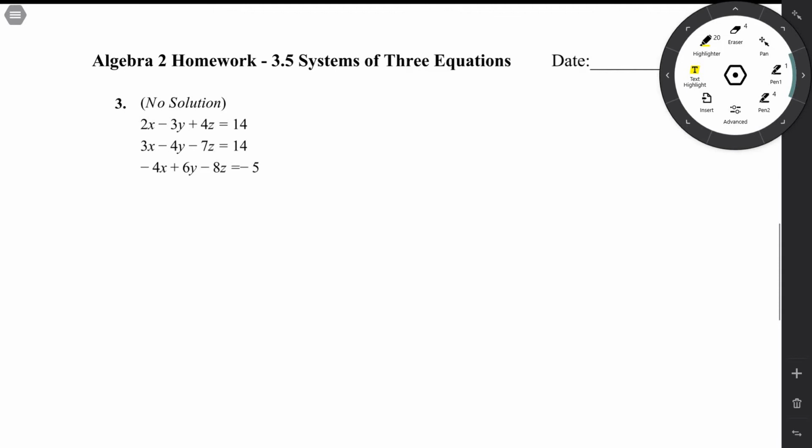Let's see. This one's not going to work out too pretty because none of them are kind of geometrically or arithmetically close to each other. We already have a negative for x, but we also have positive y's, and negatives and positives everywhere. This one's kind of hard to find a good place to start.